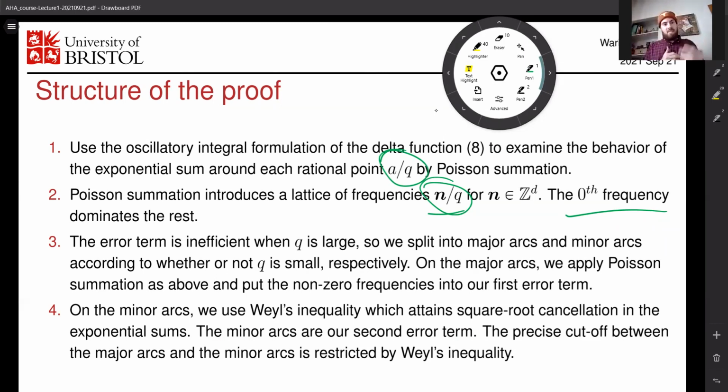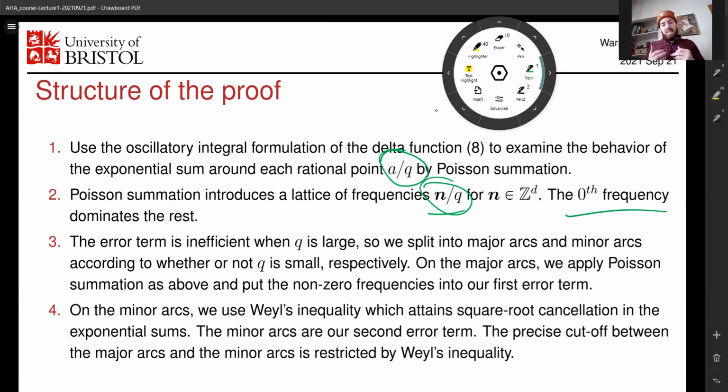To overcome this, Hardy and Littlewood introduced their paradigm of major and minor arcs. On the major arcs, you're able to run through this Poisson summation argument and put the non-zero frequencies into our first error term. The minor arcs, we're going to treat differently. We treat them by using Weil's inequality, which Hardy and Littlewood knew. It was proved 5 to 10 years before their circle method result.